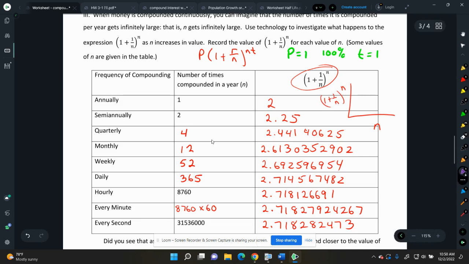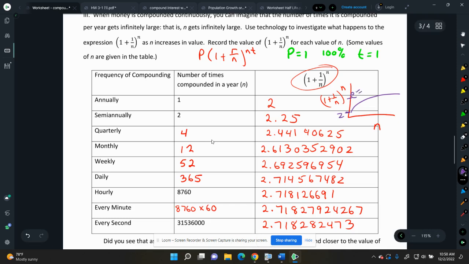This curve would look something like this. That's wrong. Sorry. The curve would look something like this. Okay? And it is approaching this number that we call E.